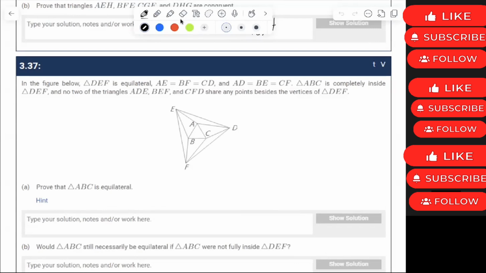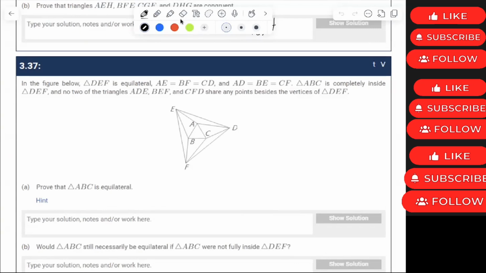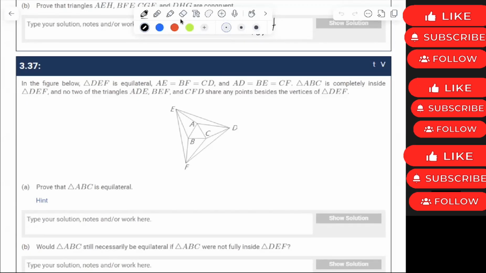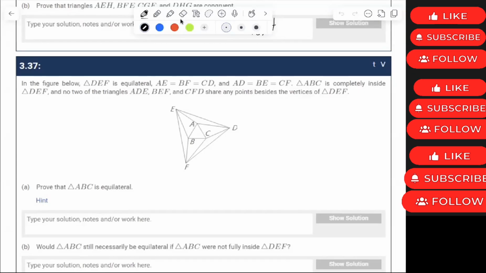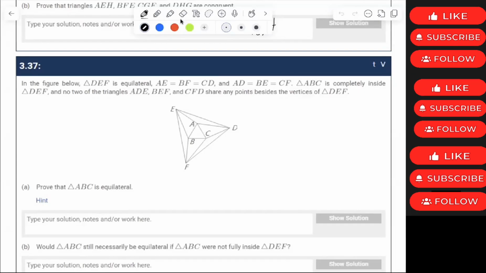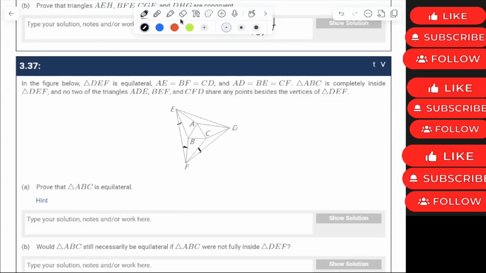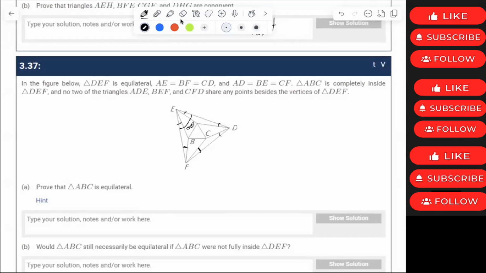How do we go about approaching it? Hmm. What can we do? Let's take a look at these angles right here. We know that this entire angle is 60 degrees.